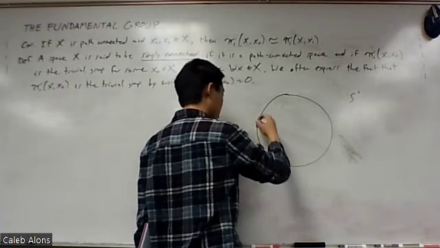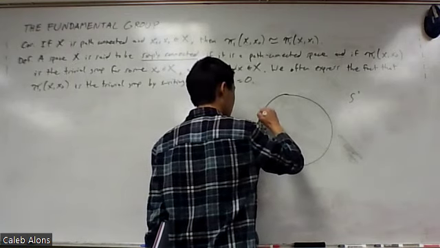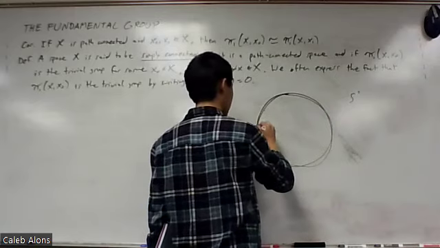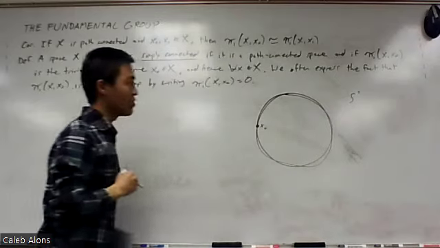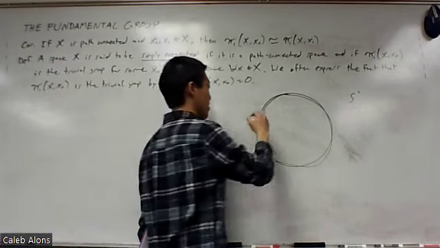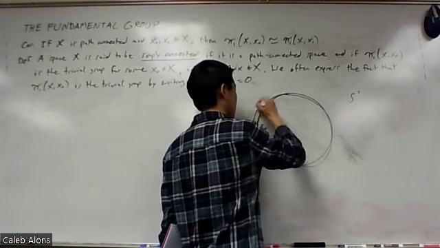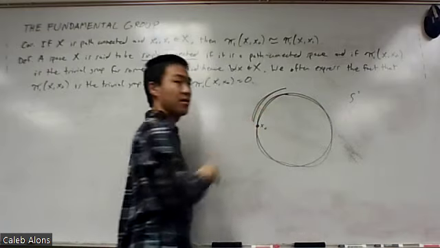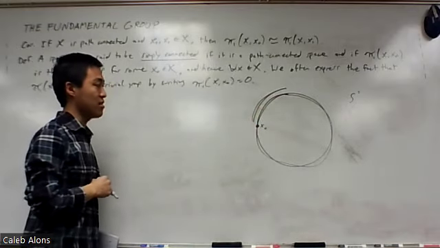So we could go around just a full time, so that's a simple loop. Or you could go a little bit and then go back, like, nope, never mind, and then reverse back, and then you're back on x0.